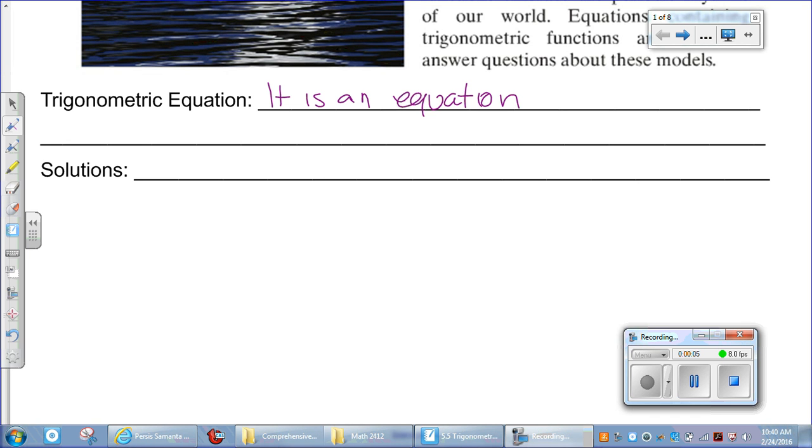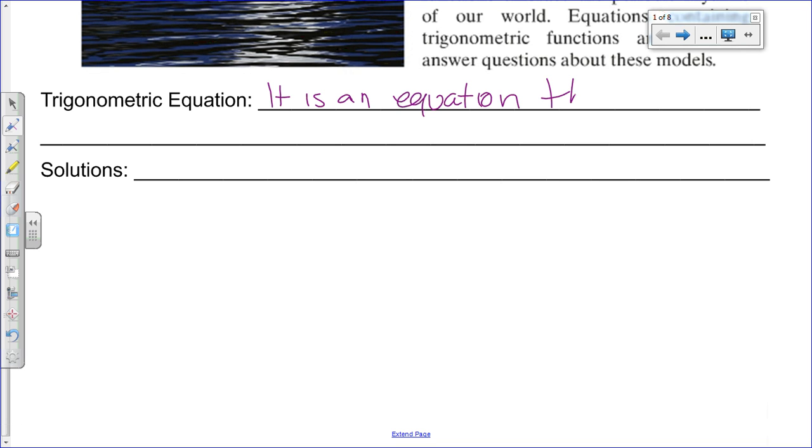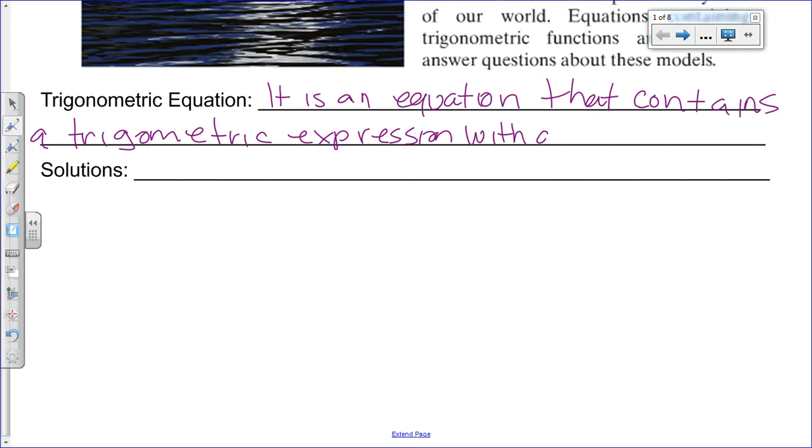The first definition we need is a trigonometric equation, which is an equation that contains a trigonometric expression with a variable, such as sine of x.